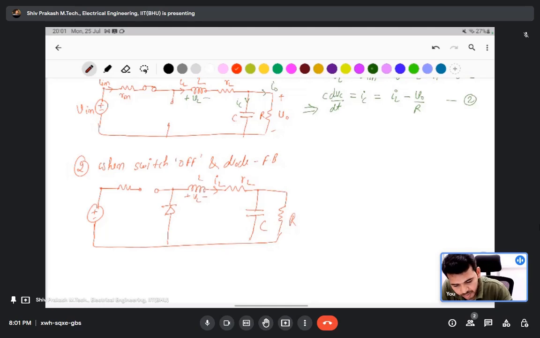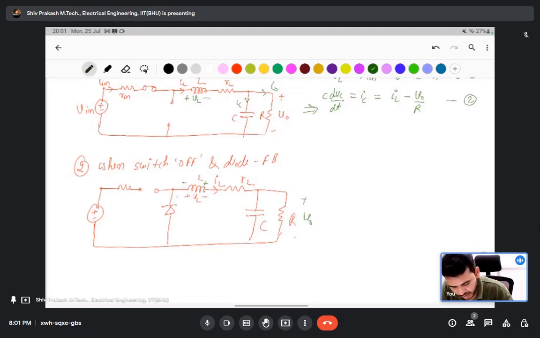When the inductor gets fully charged, then it releases its energy. At that time V naught, we reverse this polarity, it acts as the source, not a sink. At that time the polarity is reversed, negative here and positive here.